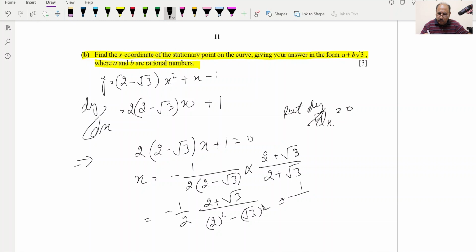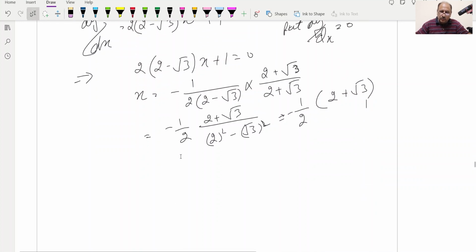Basically minus 1 by 2 I will write first, and inside will be 2 plus under root 3, and the denominator will change to 4 minus 3, which is 1, so no need to write. So x will be equal to, we can multiply this, so it will be minus 2 over 2 minus under root 3 by 2.